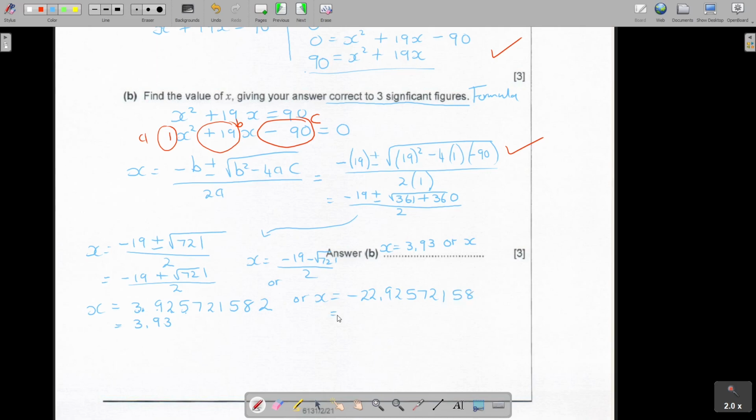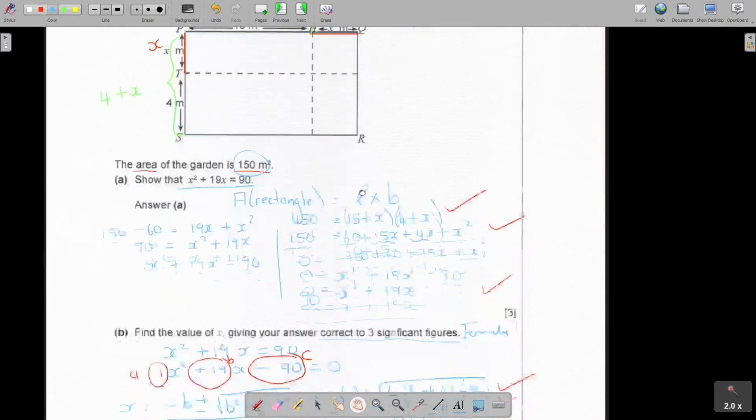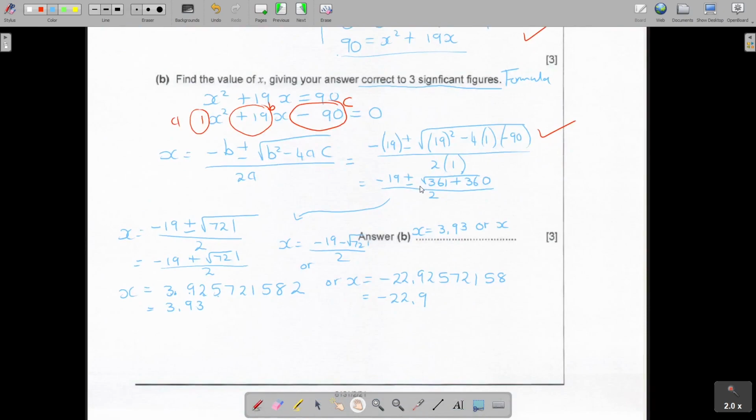But, although negative 22.9, don't forget, this was part of a practical question. So if I ask you, what was this little distance? Distance can only be positive. So I'm going to scratch that. You see? If you want to, you could just go and scratch that.